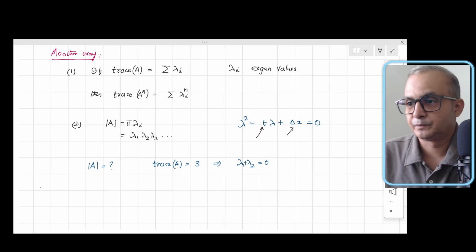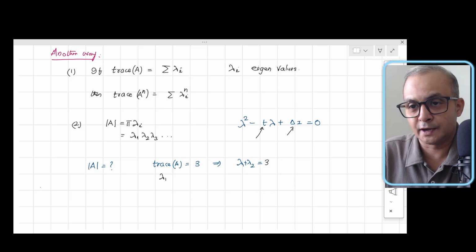So lambda 1 plus lambda 2 is 3 actually, not 0. And the determinant, lambda 1 into lambda 2, we have to find out.